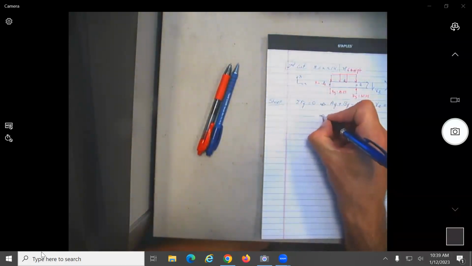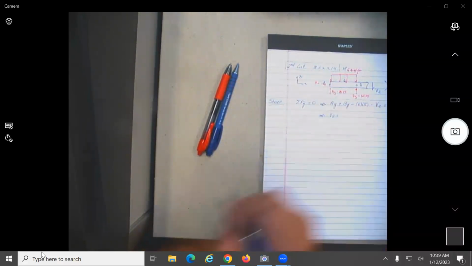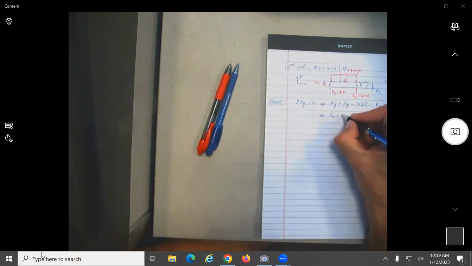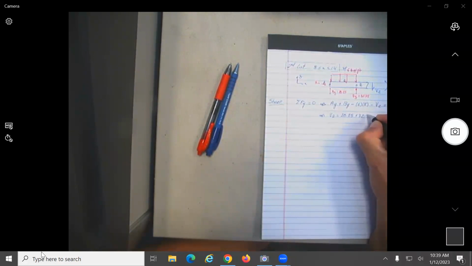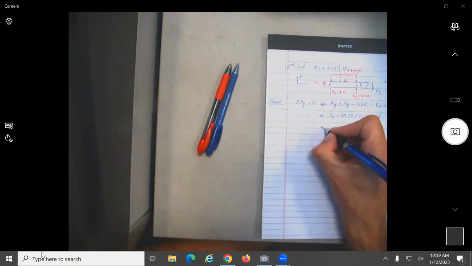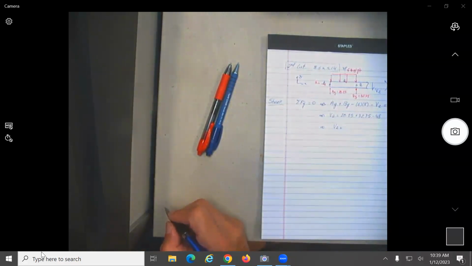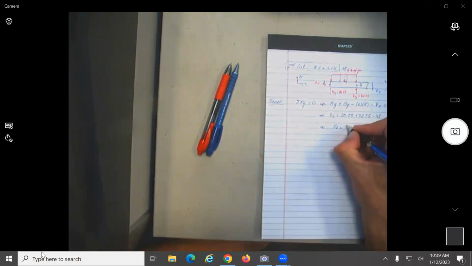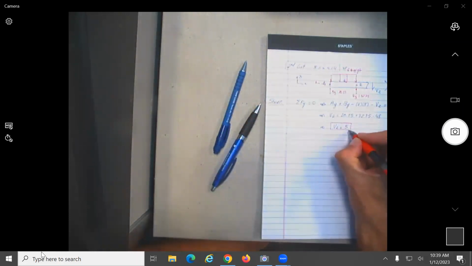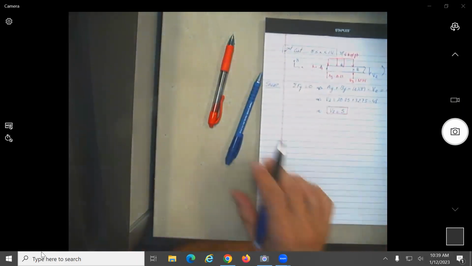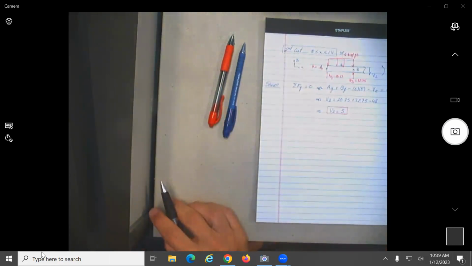So this is basically going to give you V2 equal to 20.25 plus 32.75 minus 48. Which gives you a value for V2 of 5. So that means over here that the shear force will be constant between 8 and 14, no?